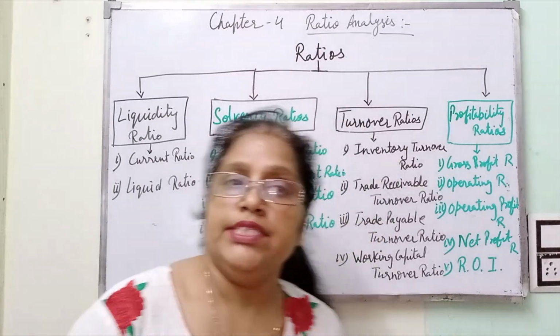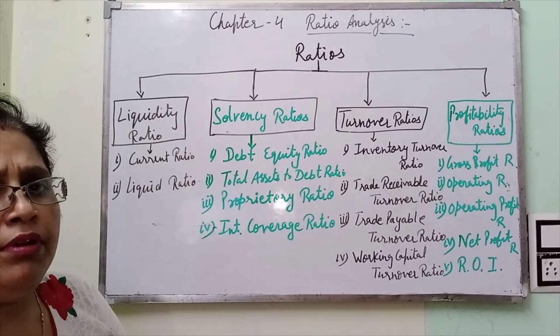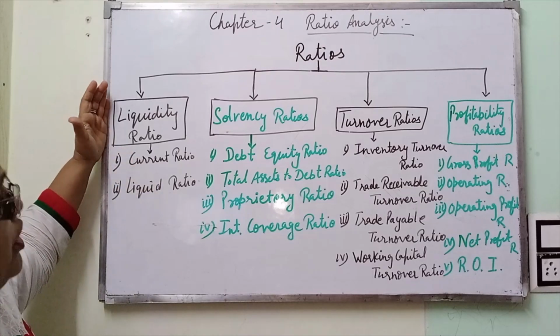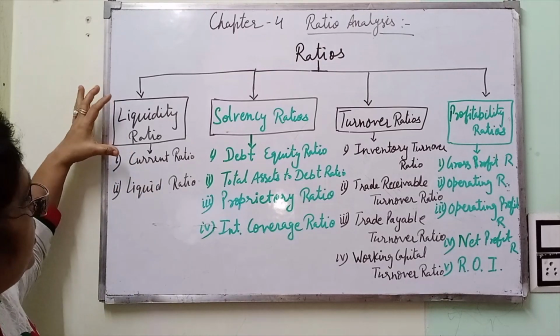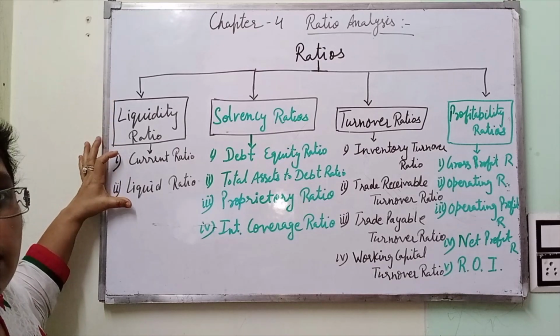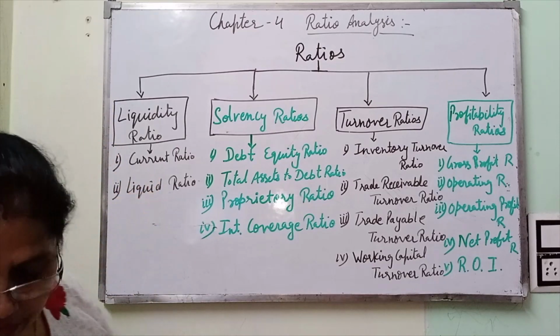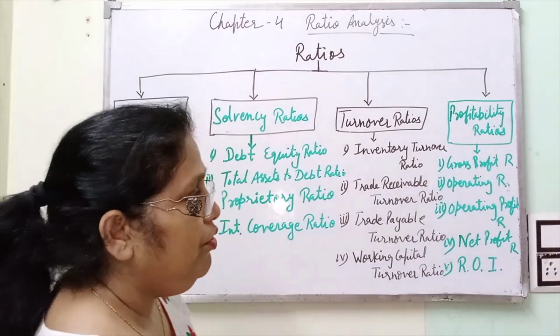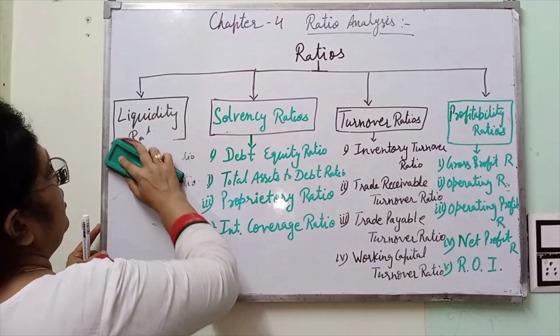Now, in today's class, we will deeply calculate liquidity ratio. As I told you, liquidity ratio includes two types of ratios: current ratio and liquid ratio. Now, what do we have in case of current ratio?